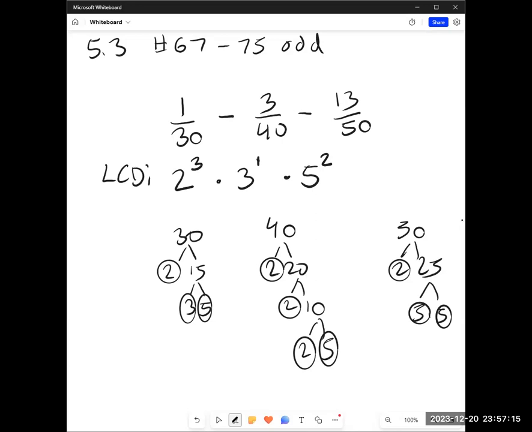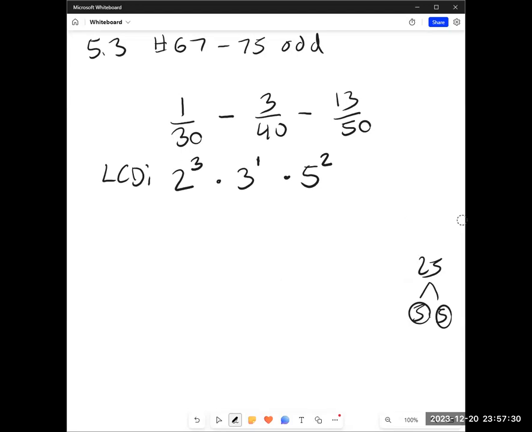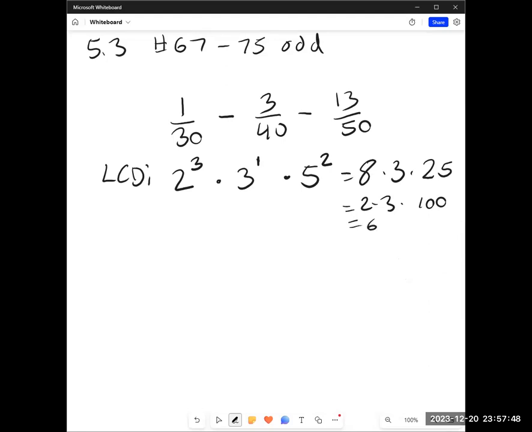So I'm taking my 2s from 40 because it has the most 2s, my 3s from 30 because it has the most 3s. And I'm taking my 5s from 50 because it has the most 5s. And then this is going to be 8 times 3 times 25. So 4 times 25 is 100. So this is 600. That's my LCD.